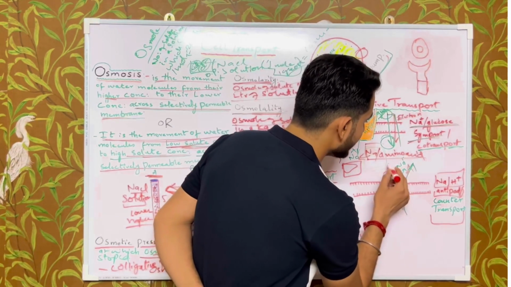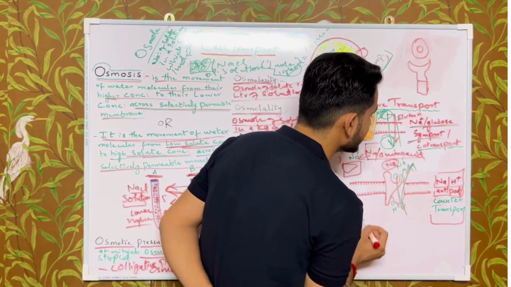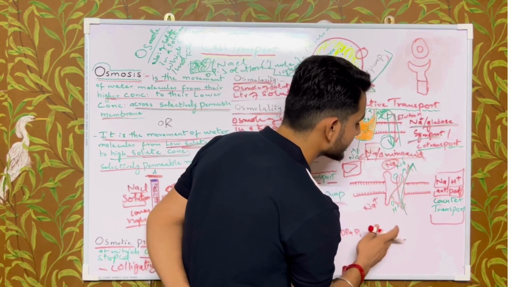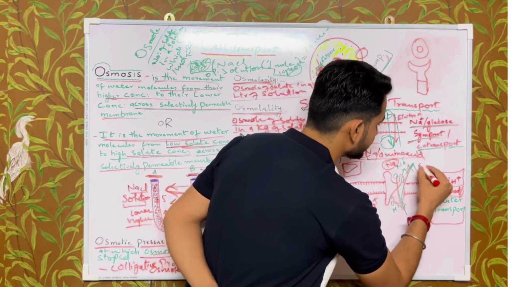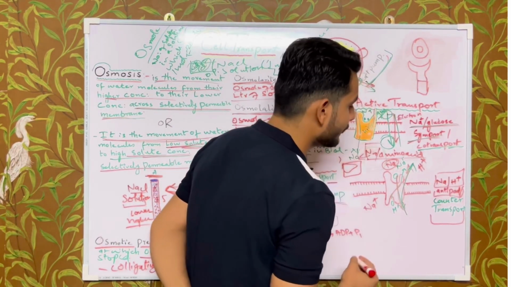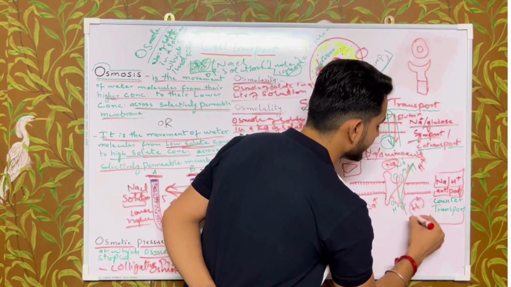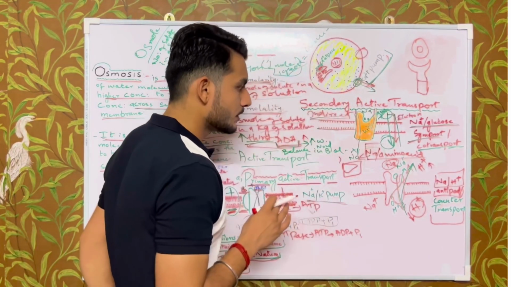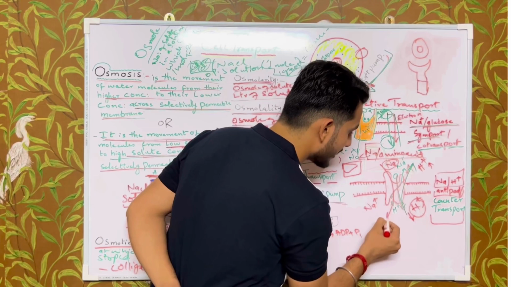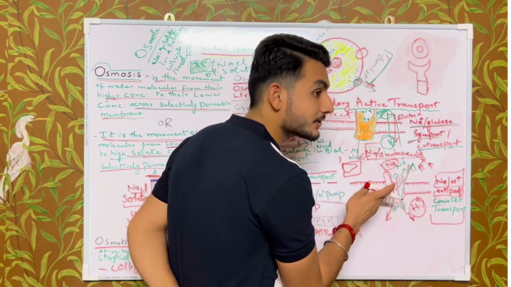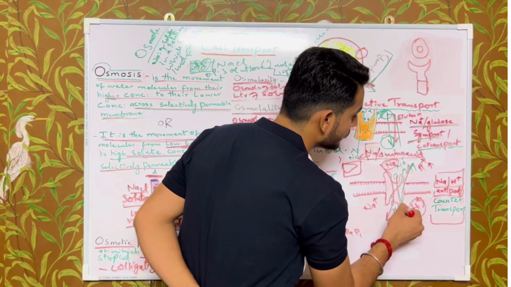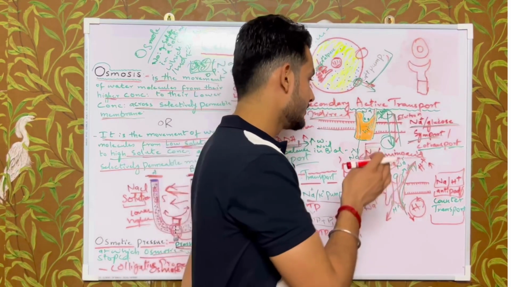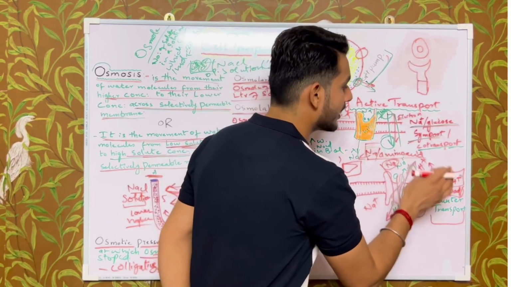We know that sodium is in higher concentration in the extracellular fluid, whereas it is in lower concentration in the intracellular fluid, whereas protons are low in the intracellular fluid and higher in the extracellular fluid. So in this case, sodium is moving along the concentration gradient. The energy which is released in this case is now being used to drag the proton outside the cell. So this is the best example of counter transport or antiport.